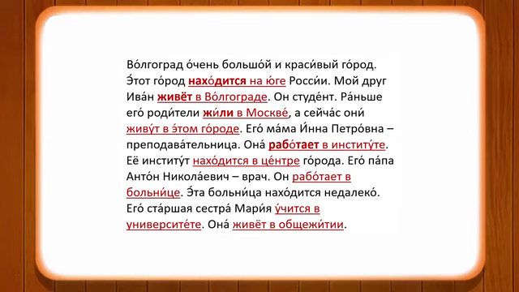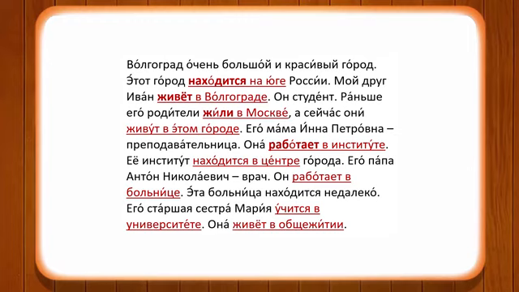Его папа Антон Николаевич врач. His father Anton Nikolaevich is a doctor, врач. Он работает в больнице. He works, работает в больнице, in a hospital. Больница changes into больнице. Эта больница находится недалеко.